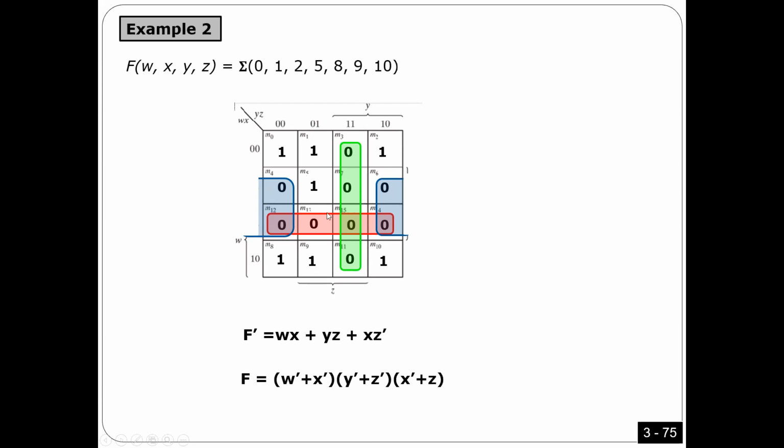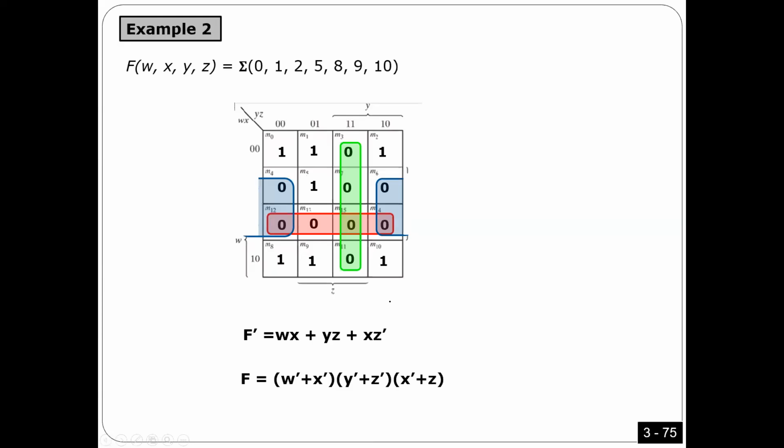Keep in mind, yes, you are working on zeros, but actually these zeros are ones because I'm calculating F prime. So I just want to work on the same map of F, or you can create another map for F prime if you want, but I just make it easy. Just create the map for F as we did before and work on zeros. Then I'm going to get this one here.